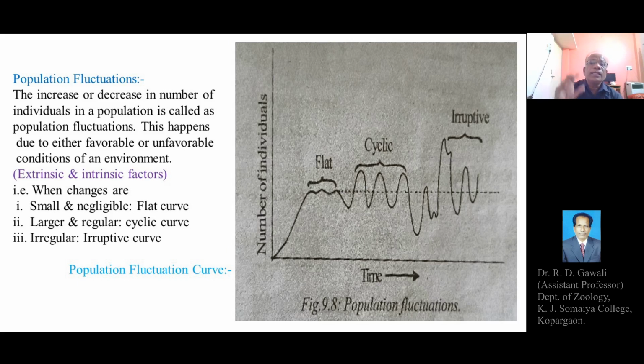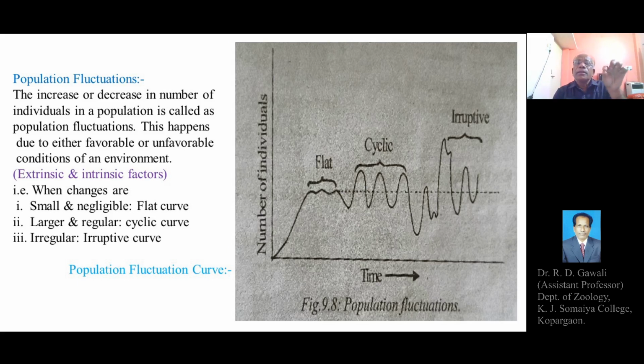In the first case, when changes are small and negligible, when there are small and negligible changes in the environment, it leads to a flat curve. We can see the flat curve in a diagram. In the first type of curve there is a slow increase in a population, and due to the small or negligible changes in the environment it shows the flat curve.